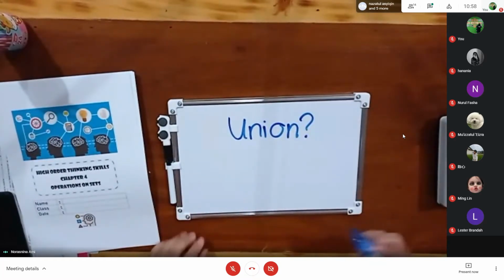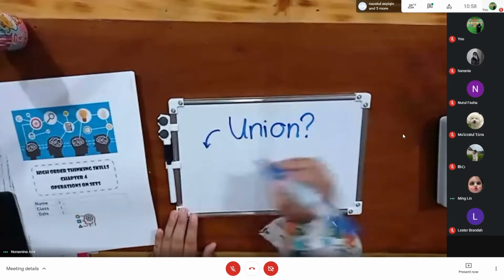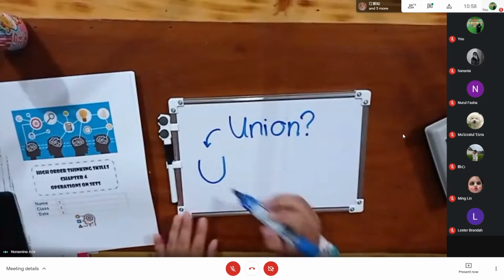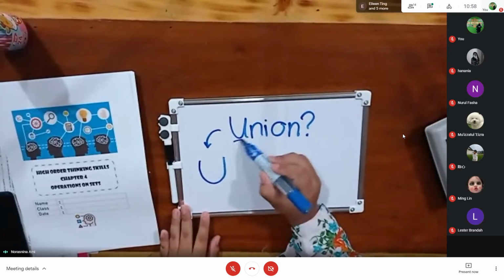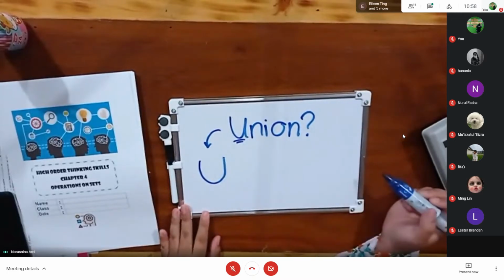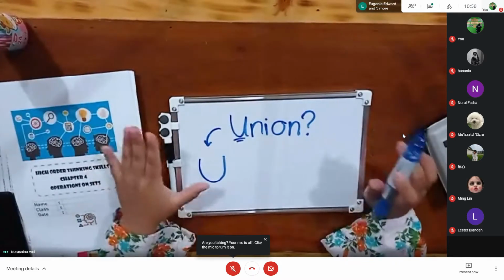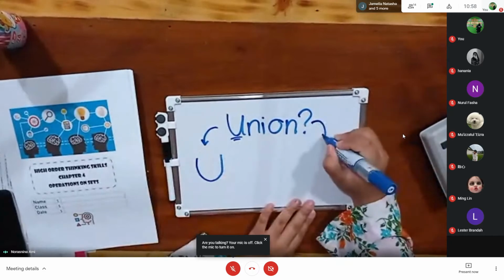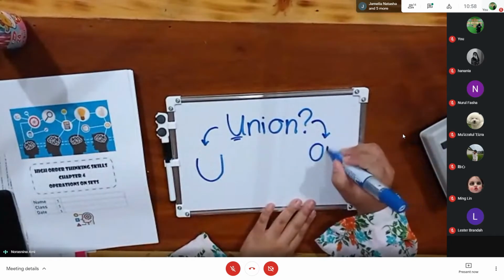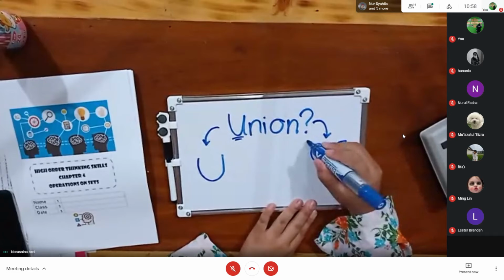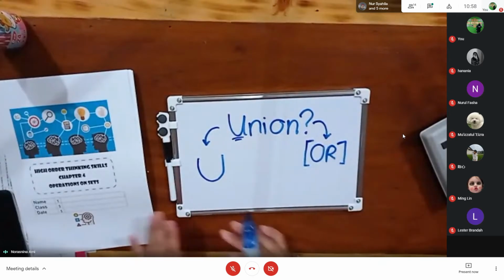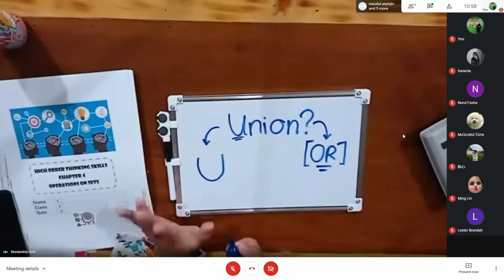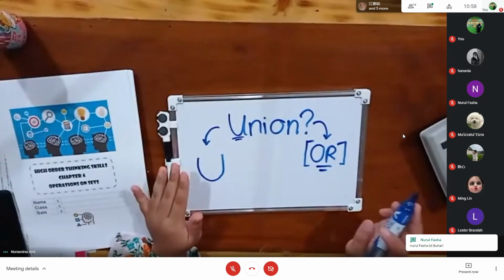What is the symbol of the union? U. Yes, U. This is easy to remember because it represents the U in union. So the keyword to know whether the question is involving union or not is "or". If the question involves this word, that means the problem is a union of sets.